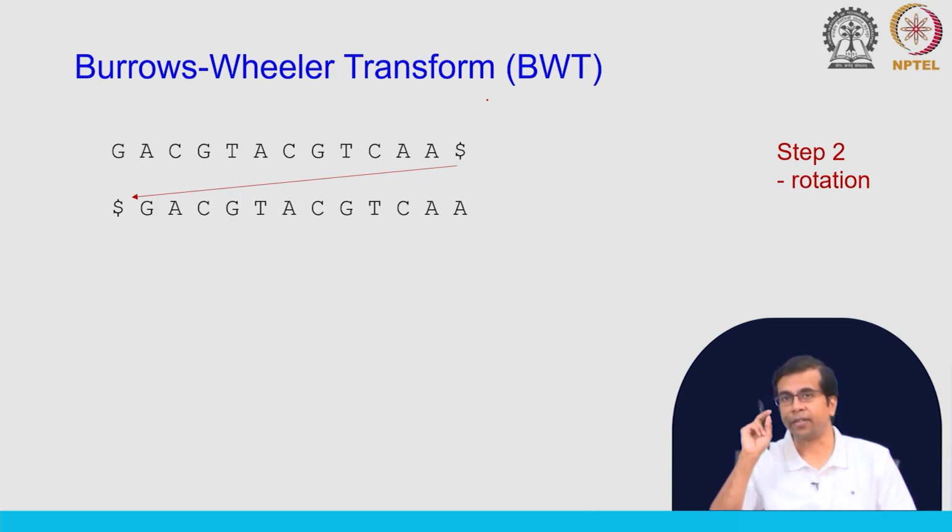Of course, the start letter will change and the string will rotate. So, this is the process. You can visualize this: we are bringing dollar first and then shifting the rest towards the end. Then we have dollar first, then GSCG, TSC, GTCA, and we continue this process until we go back to the original string.